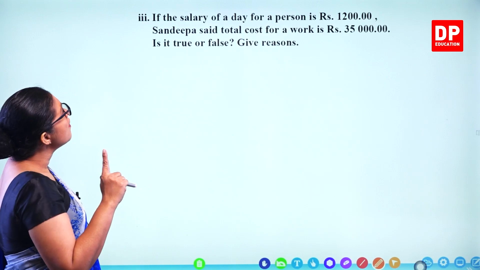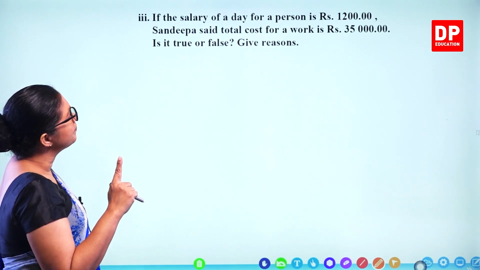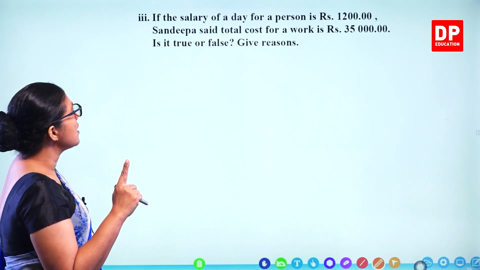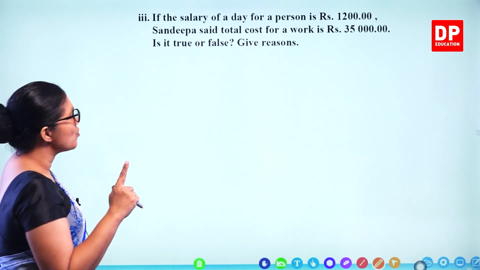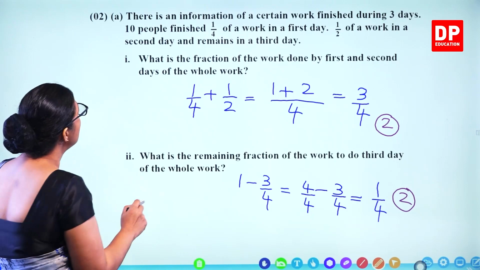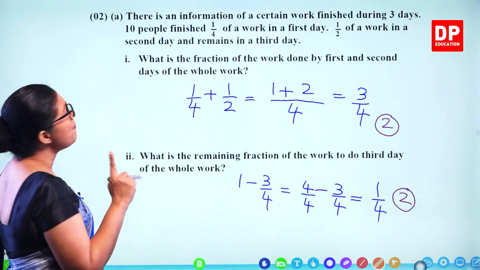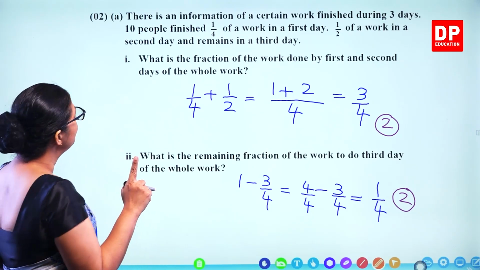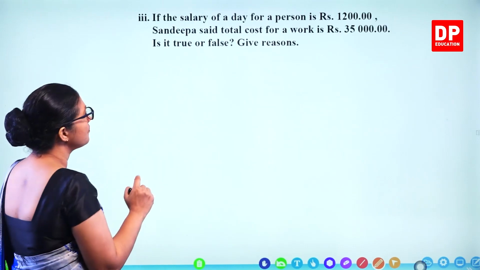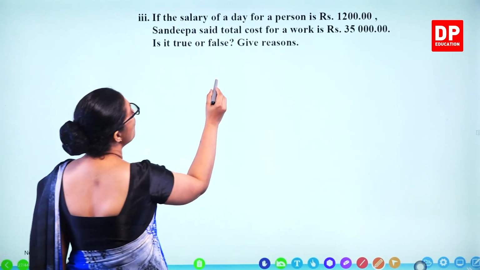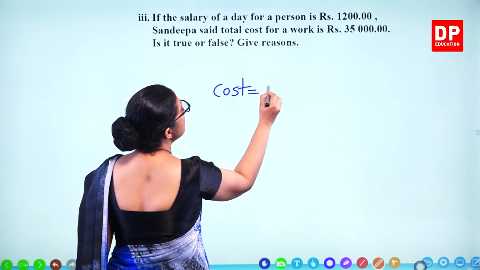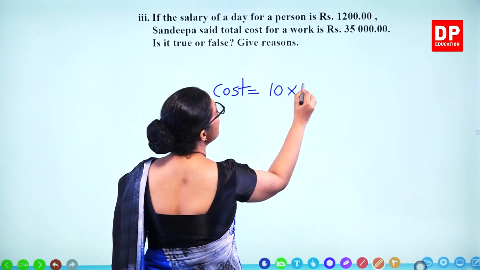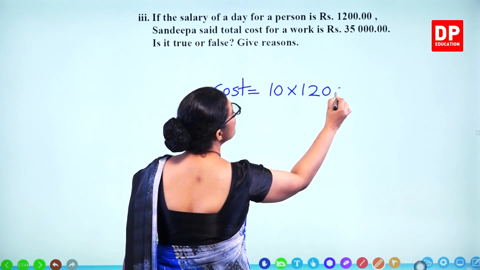So, how many workers? 10 people are there. So, we'll see. The cost is 10 people, each 1 day 1,200.